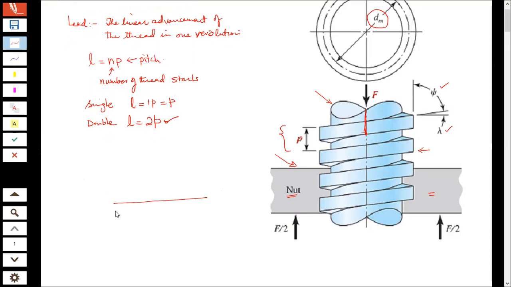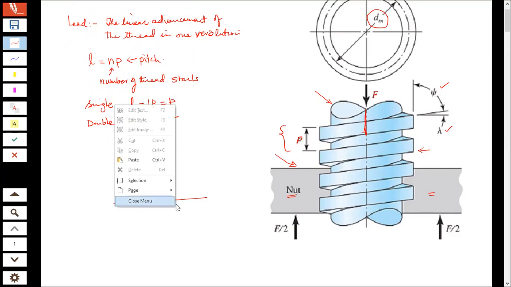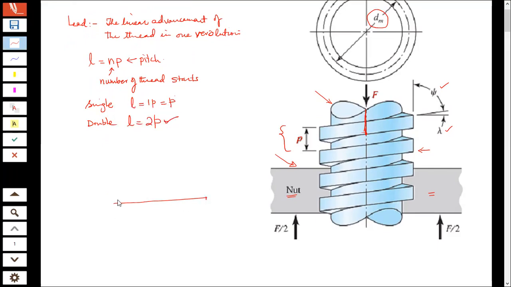I'll have this dimension, which is just one single thread opened. Since that is the circumference of the circle, this dimension is going to be pi dm, or 2 pi r.